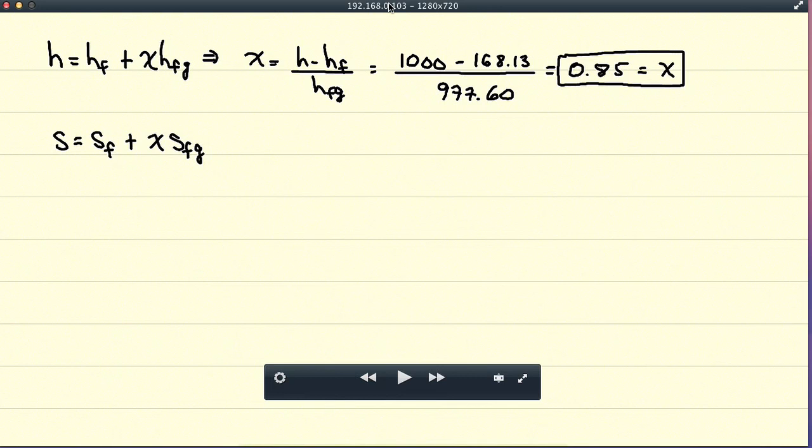And now I can look up what these two values are. SF at 200 degrees Fahrenheit, and again we'll find that in table A4E, same place where we found the enthalpies, is equal to 0.29409.